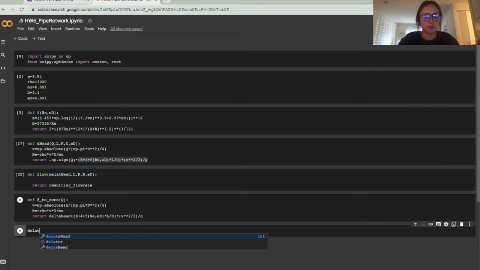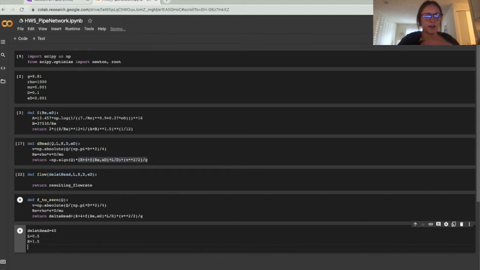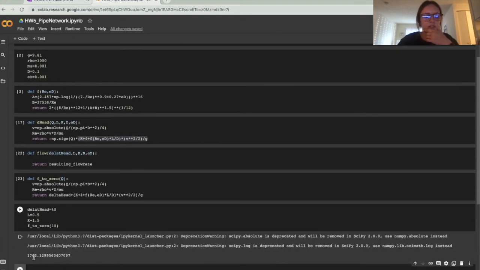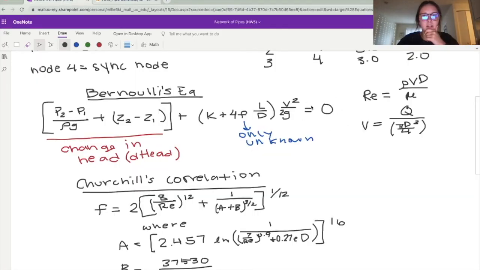So we're going to make up some numbers. Let's say delta head is 40. What else do we need? We need L, let's say 0.5, we need K, so let's say 1.5, and we have D and ED up here, so if we do F to 0 of, and we're going to guess for Q, let's say 10, if we run that, you can see it's giving us this number, and that's not what we want because it should be giving us 0.